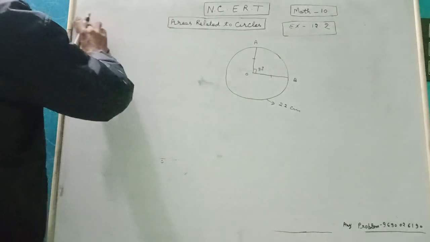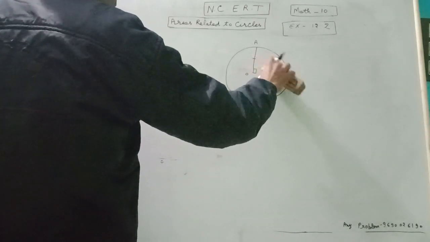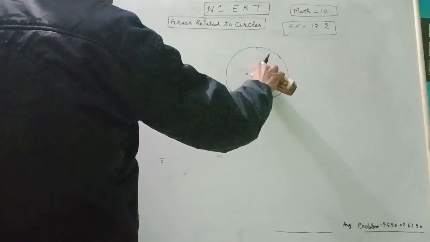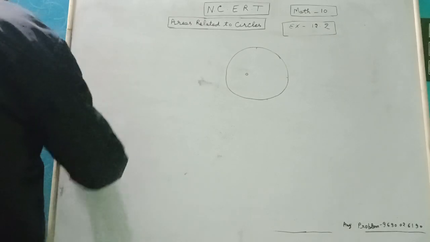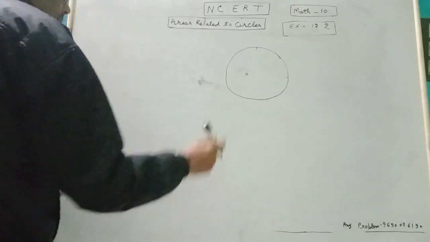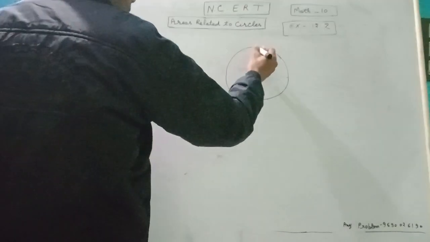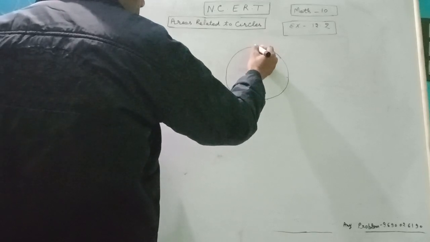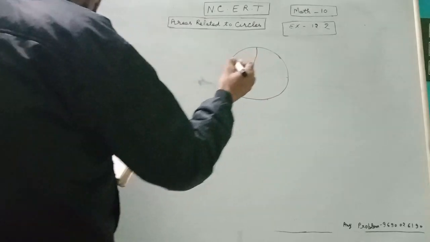Then question number 3. Question number 3 is: the length of the minute hand of a clock is 14 cm. Find the area swept by the minute hand in 5 minutes.